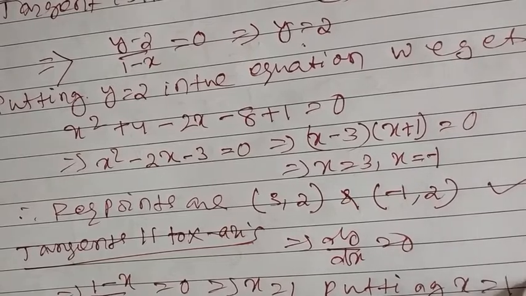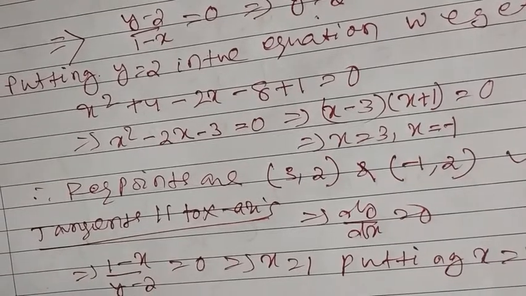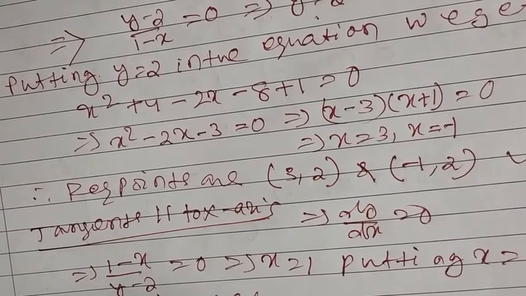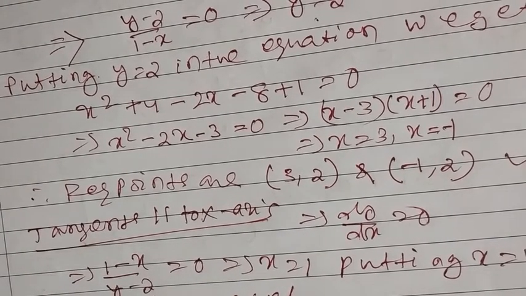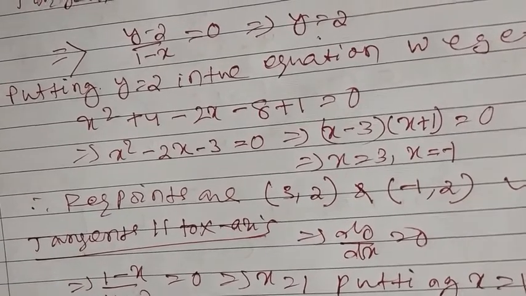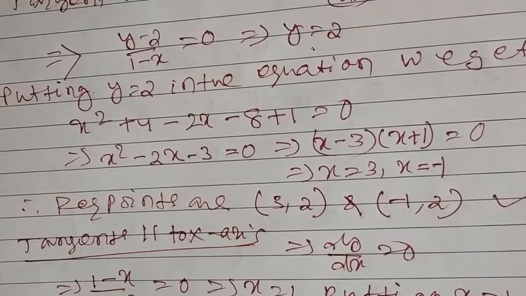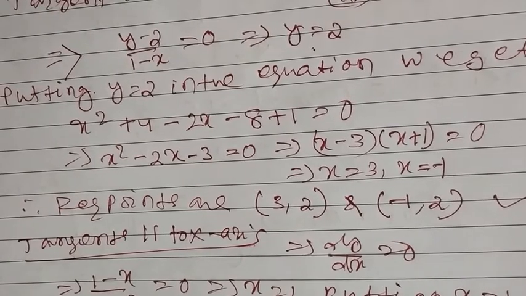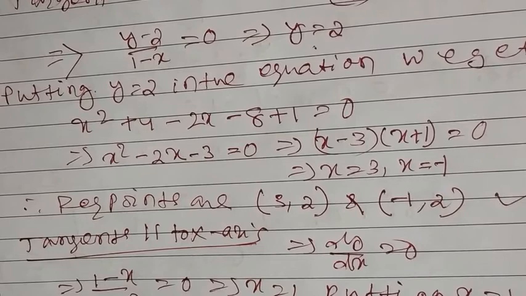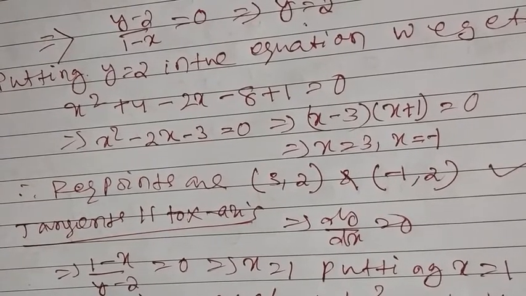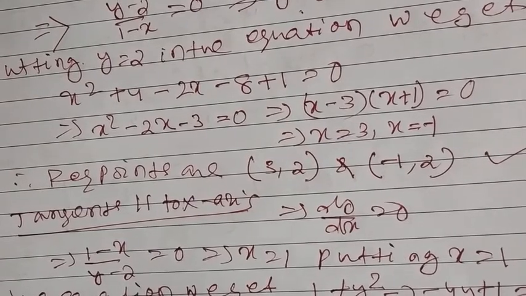So putting x equal to 1 in the equation, we get, putting x as 1, it is 1 plus y square minus 2 minus 4y plus 1 equal to 0. So this gives me y square minus 4y equal to 0.